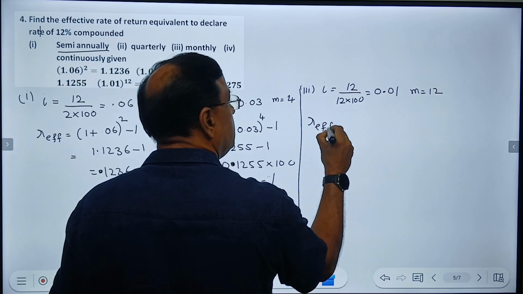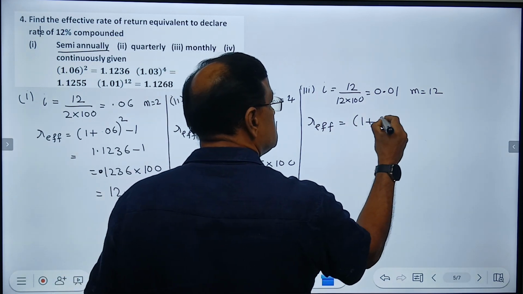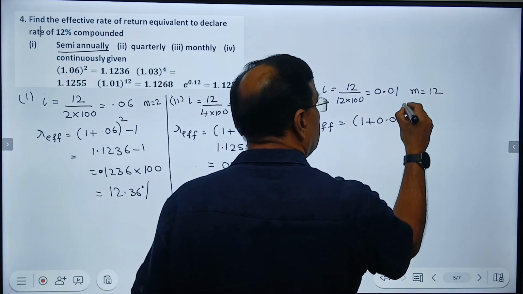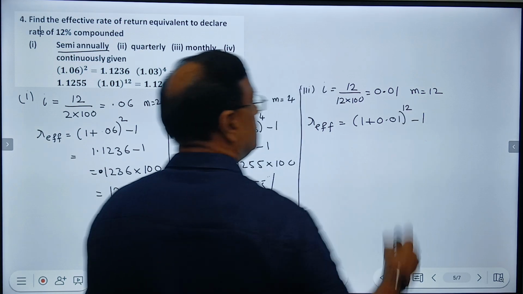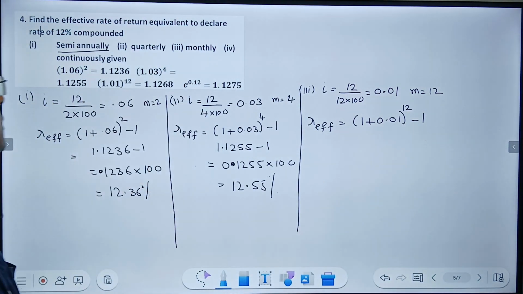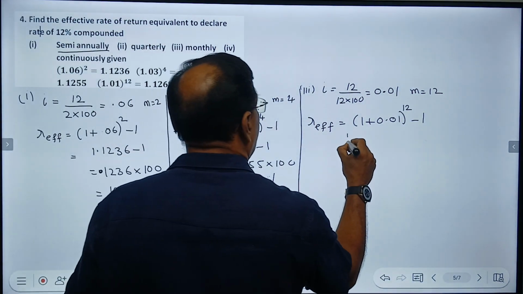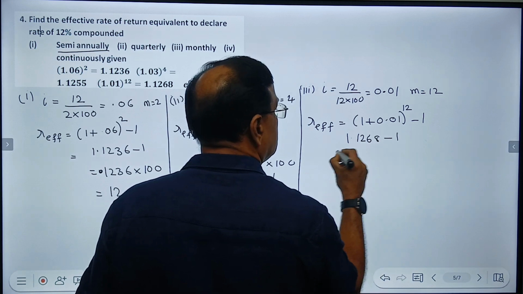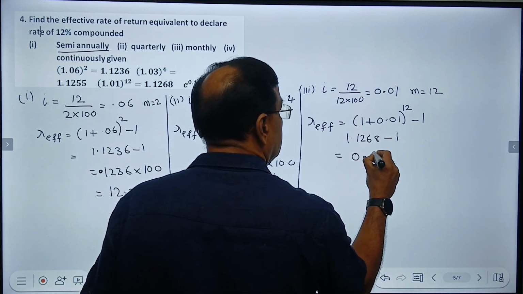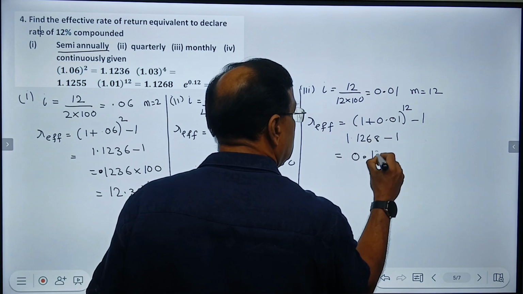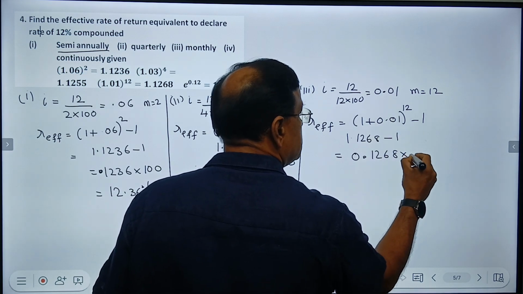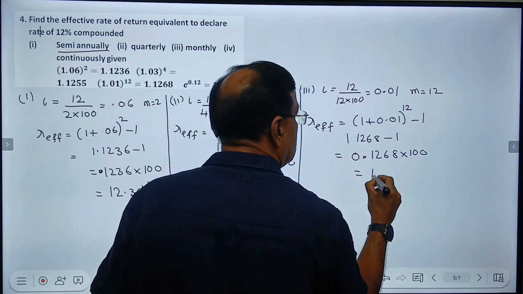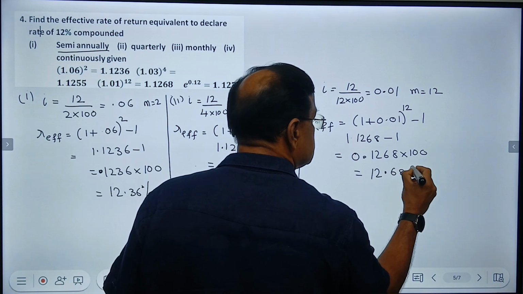R effective will be 1 plus 0.01 whole power 12 minus 1. Now from this, the values are given to you. 1.1268 minus 1, so it will be 0.1268. To convert it to percentage, multiplied by 100, it will be 12.68%.